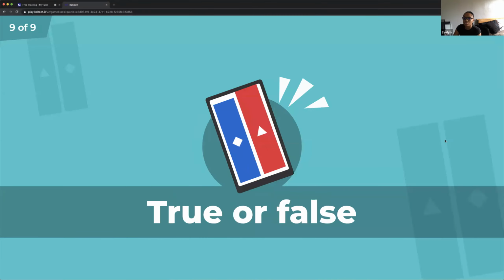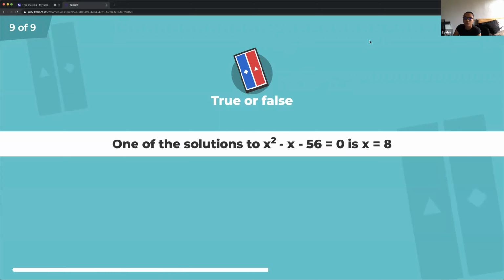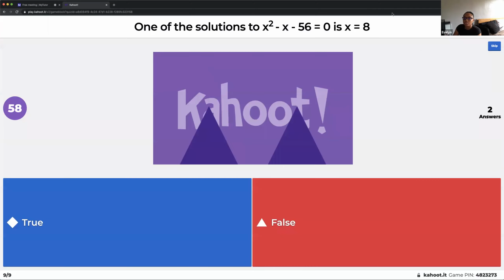We are on the last question. True or false? One of the solutions to x squared minus x minus 56 is equal to 0. Is x equal 8? Is that true or is that false? Is x equals 8 a solution?